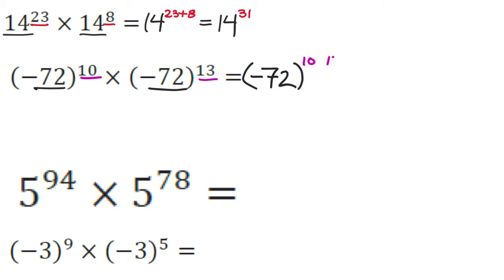And since we were multiplying the two bases, the same base, we're going to add those two exponents. All right? Then what we get, we're going to keep that negative 72 in parentheses, which is important when the bases are negative. But 10 plus 13 is 23.